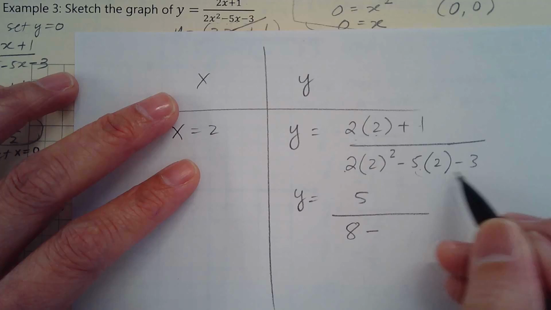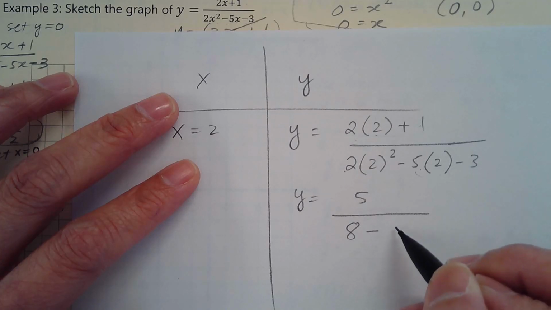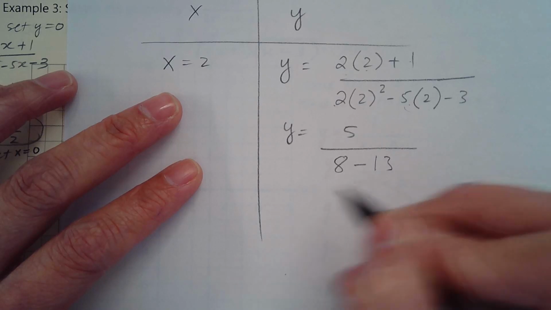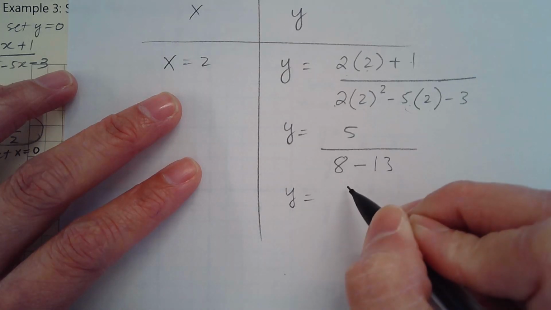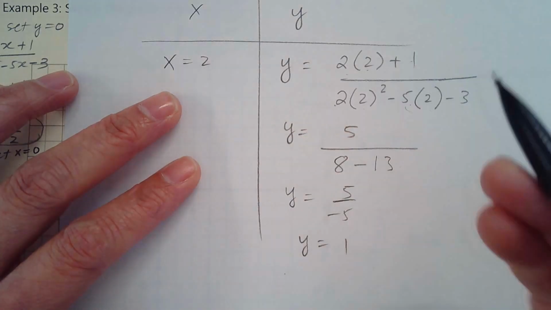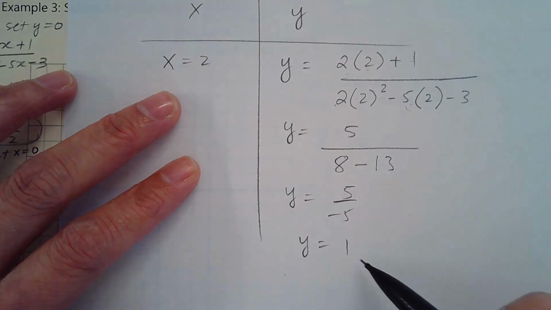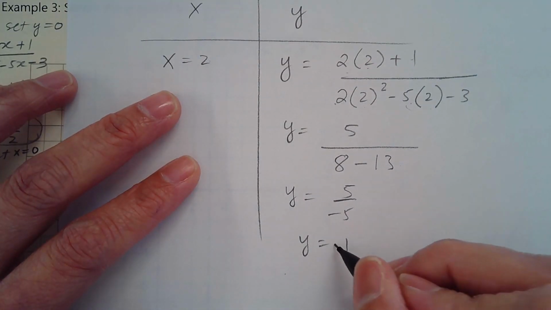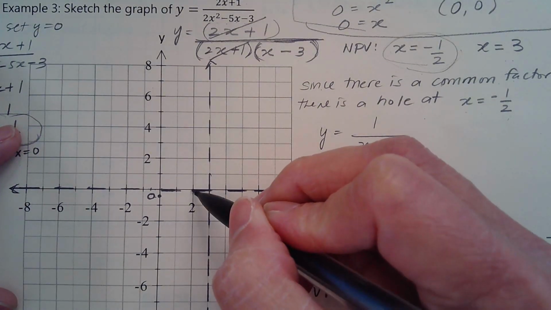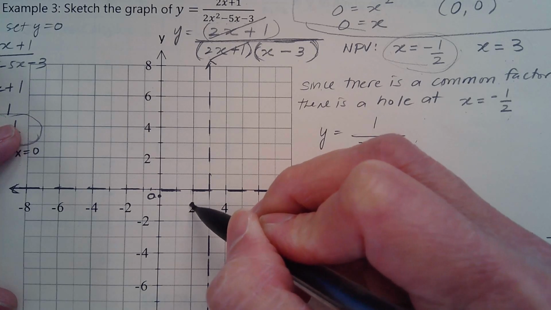That's going to be negative 10, negative 3, negative 13, 5, negative 5 is negative 1. So there's a point at 2, negative 1 right here.